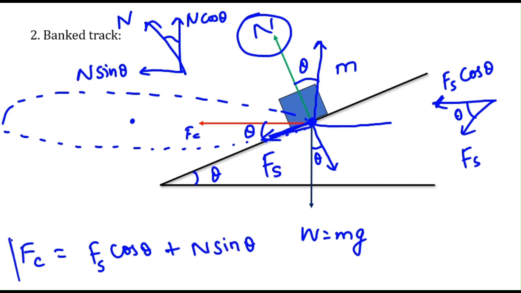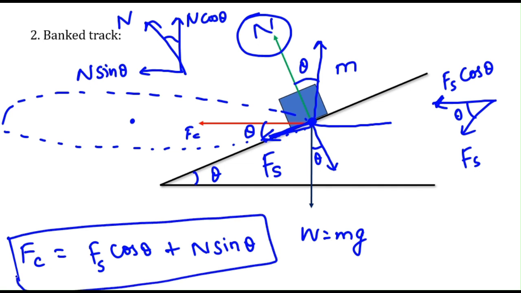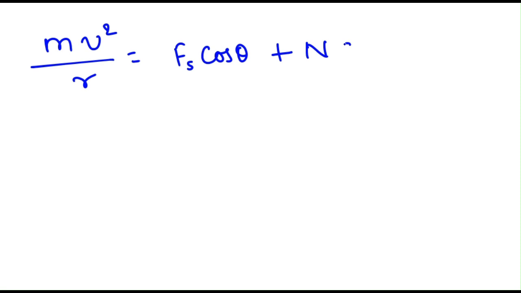So we have centripetal force, one contribution from the component of static friction and another contribution from the component of normal force here. We can rewrite this centripetal force as mass times velocity square divided by r equals Fs cos theta plus N sin theta. Let's take this equation to be equation 1. And now, what about this N?